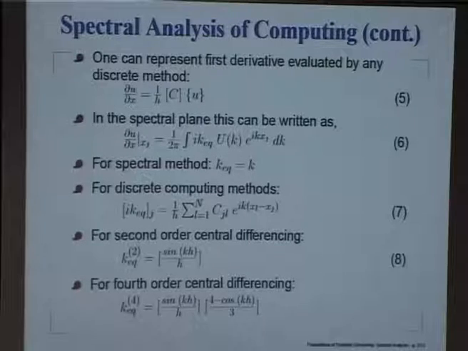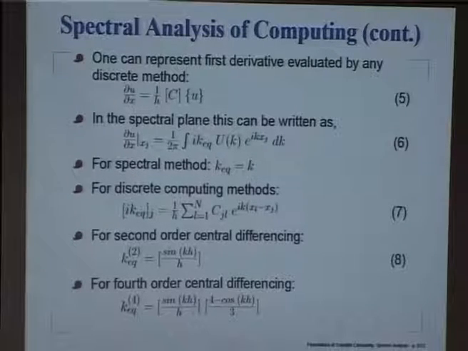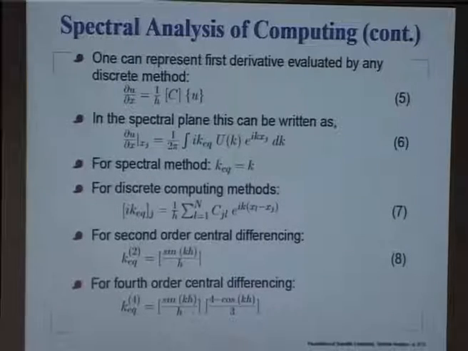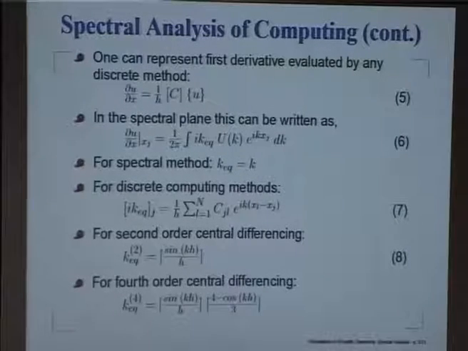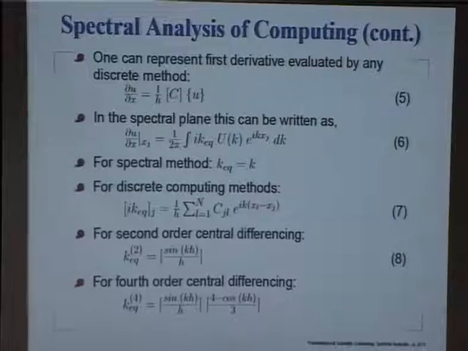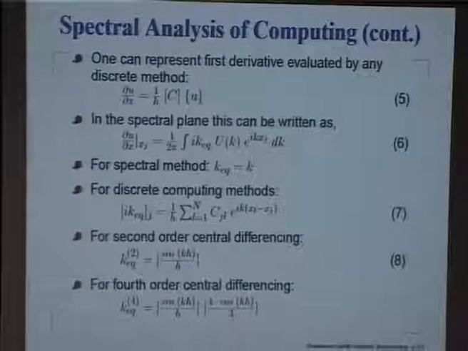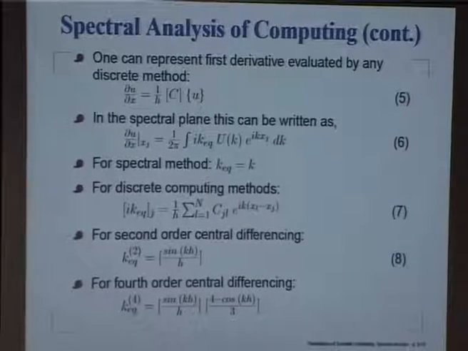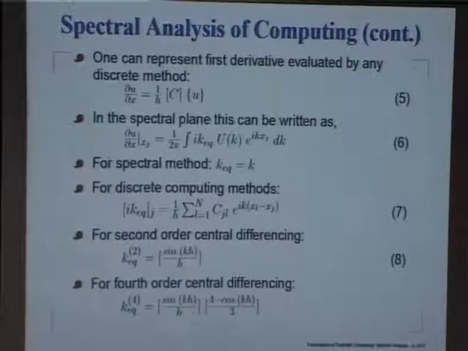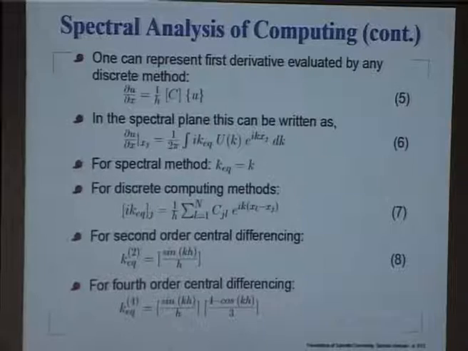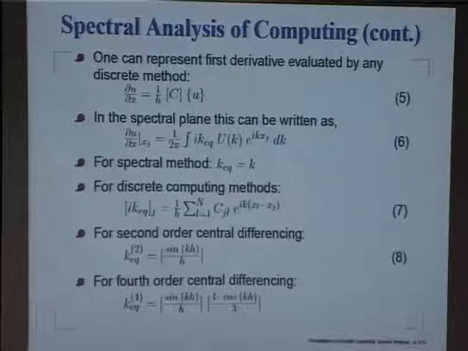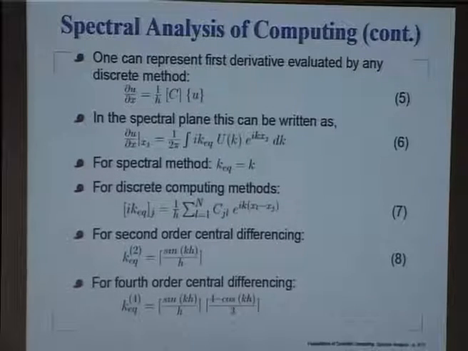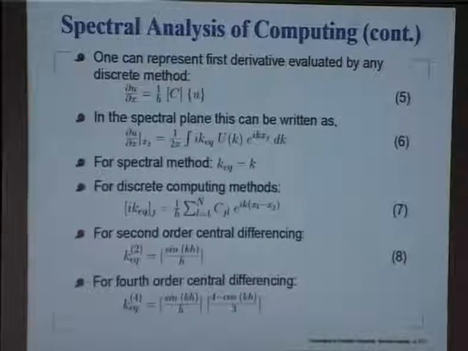Why we are talking about all the points? This is something you must realize, that this del u del x, the equation 5 that I have written, will have different type of formula for different points. For example, say if you are trying to obtain the derivative in terms of the fourth order central representation, that you can do it only from the third point onwards, because you realize that you need 5 points, right.